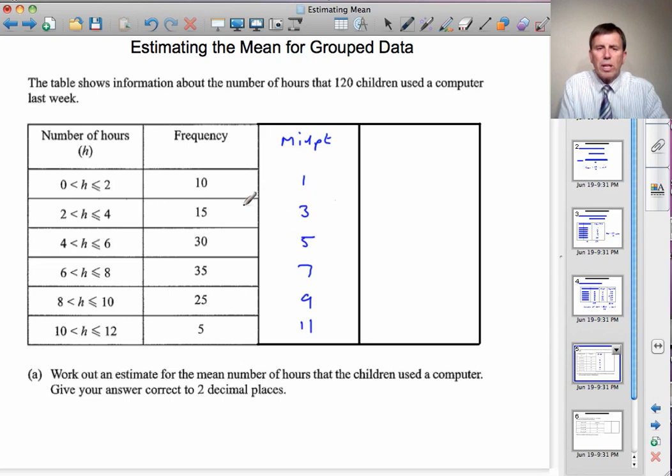Now then, to estimate what each of these groups contribute to the total, 10 of them multiplied by 1.